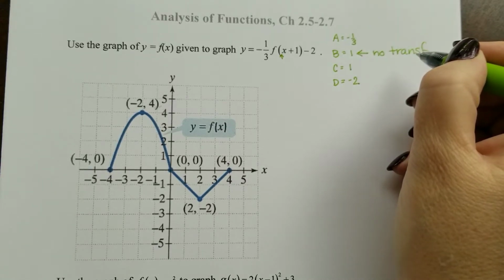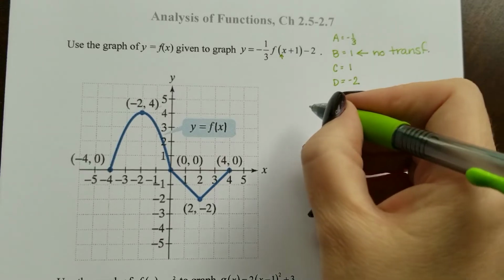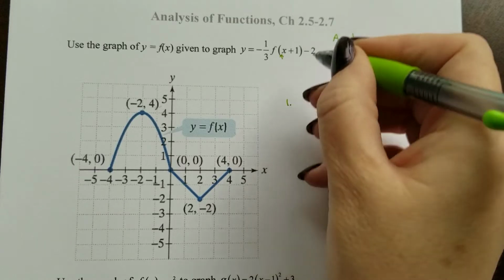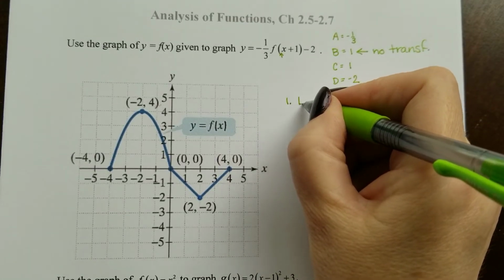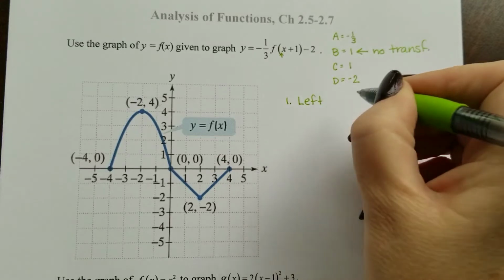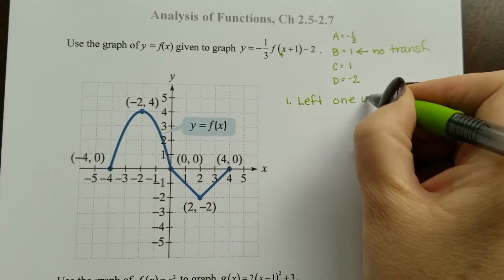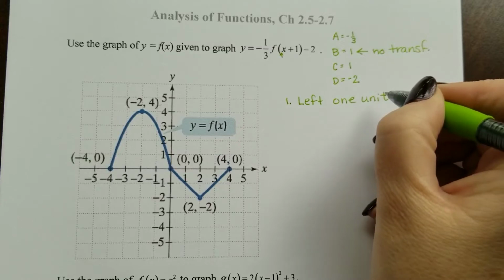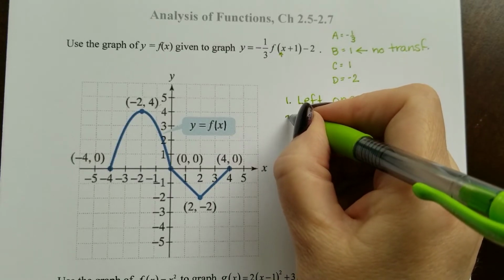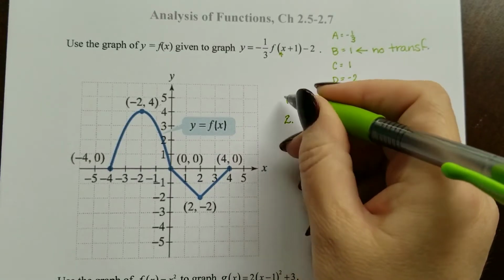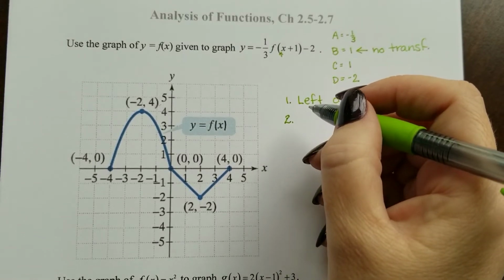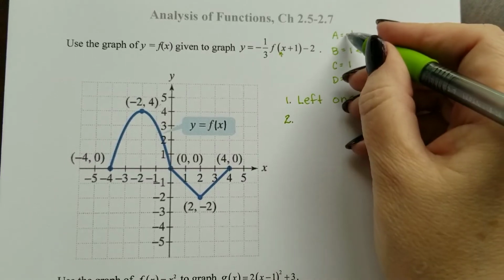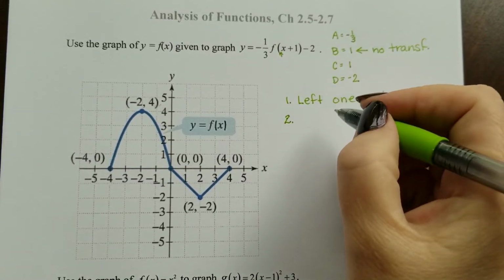And the second step would be to apply c. So c is that plus 1. That means that we are going to move it left 1 unit. Third step is our a, or second step, our third step, because we didn't have to do anything with the first step. So the next one is a, and that's negative 1/3. So there's really two things that's going to happen.